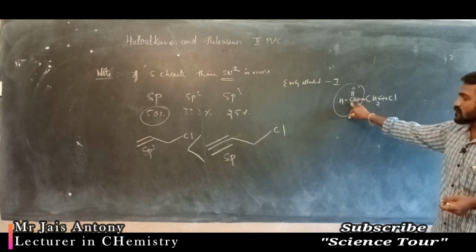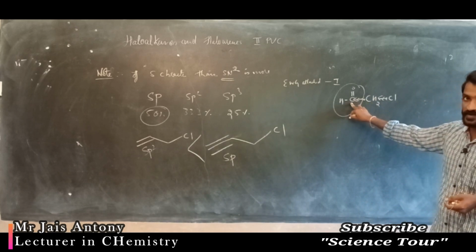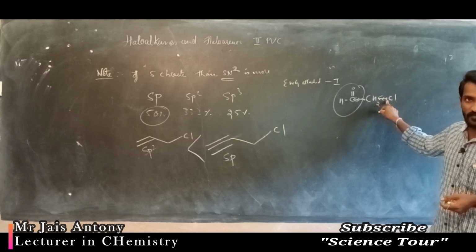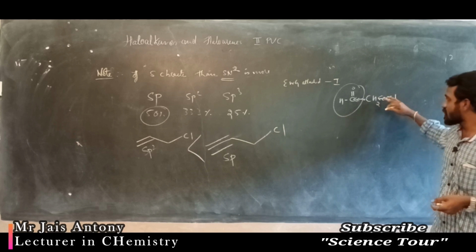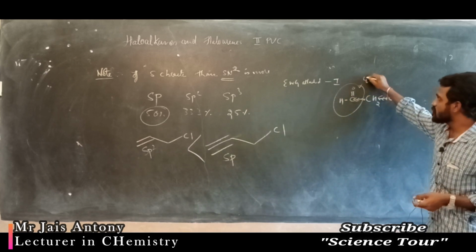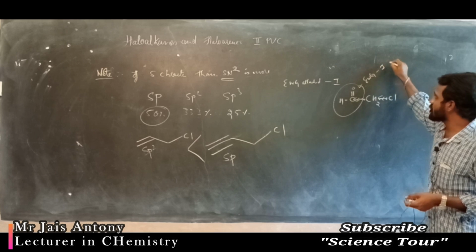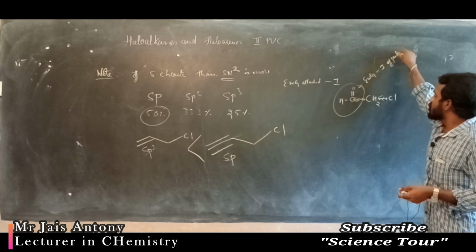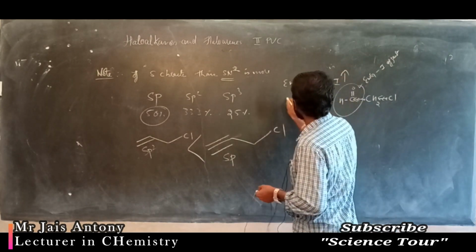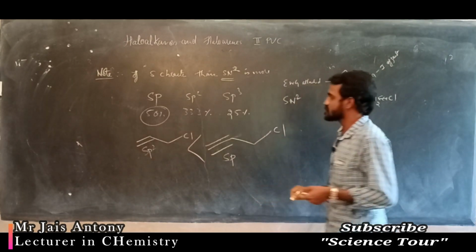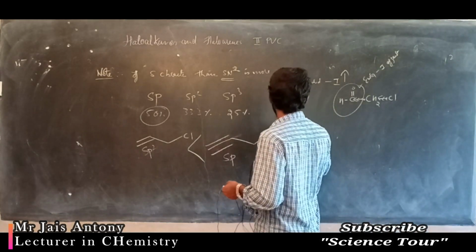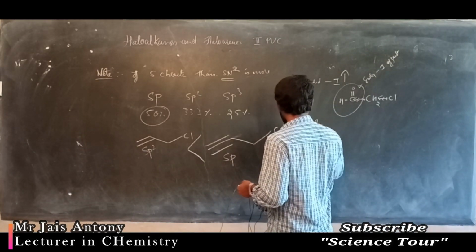Chloride is a leaving group. From this side, electrons move towards which side? Polarity towards the electron withdrawing group. So this is called minus I effect. Minus I effect increases, then SN2 mechanism.